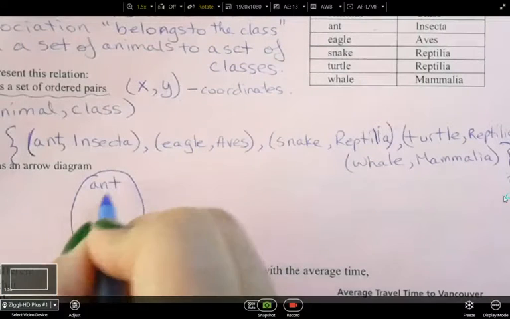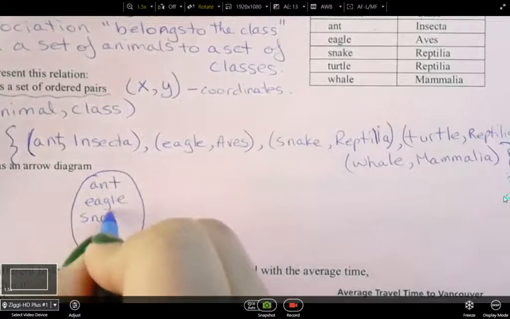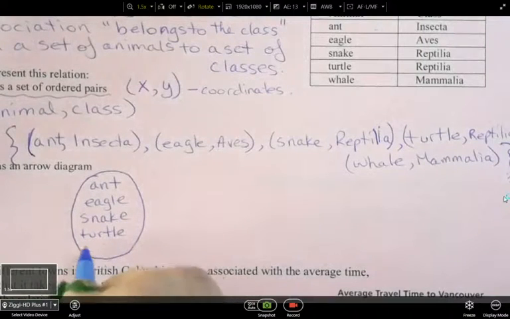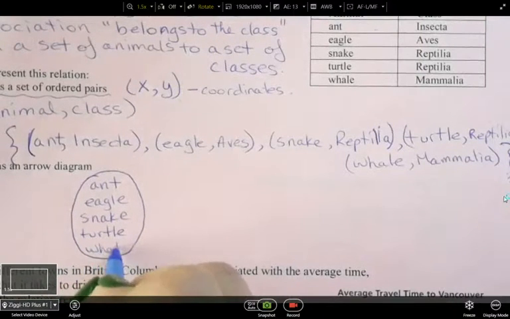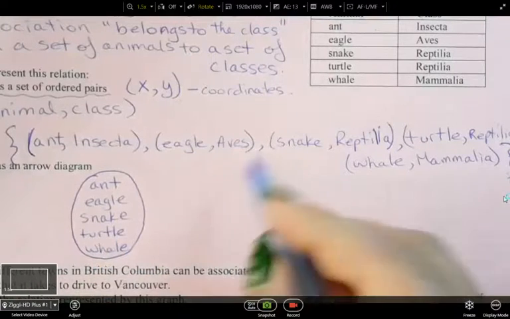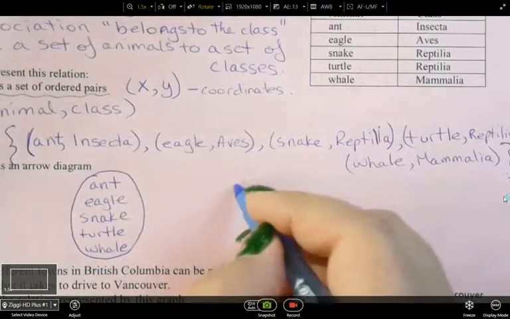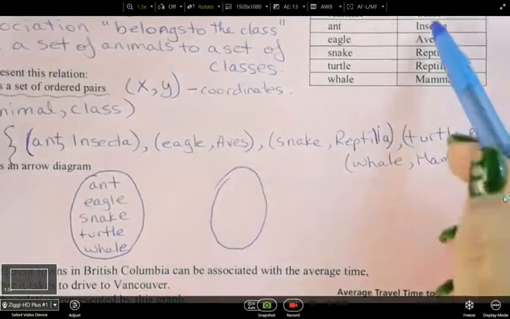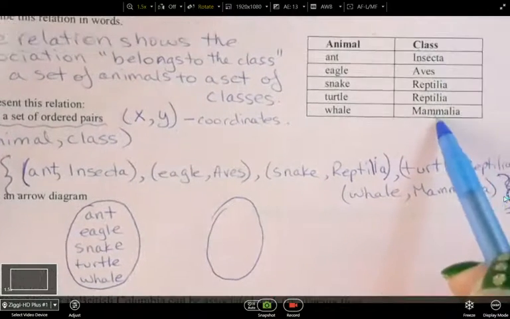So ant, eagle, snake, turtle, and whale. Okay, and then I'm going to have another oval, and I'm going to write each of these words in there.